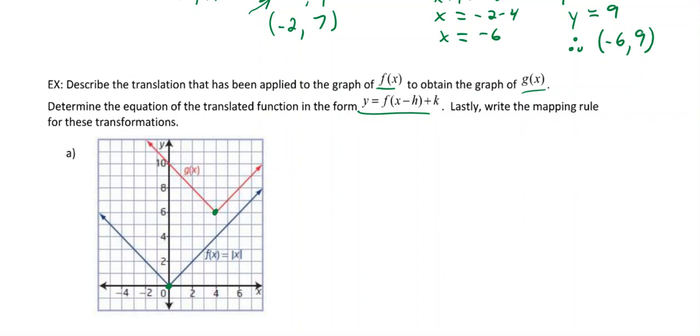So I'll say it has a vertical translation of 6 up. But this is for you. If you want to say vertical translation of +6 or something like that, this is you trying to keep track of everything as we go. And it has a horizontal translation of 4 right.